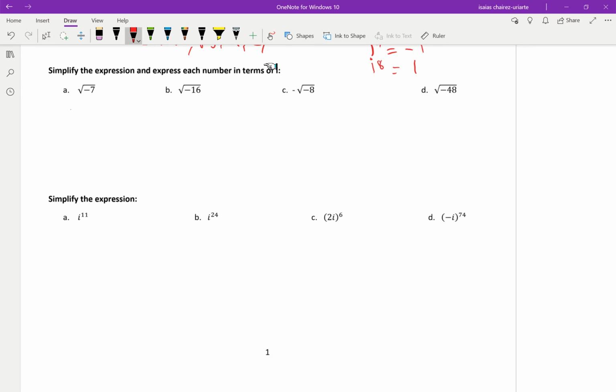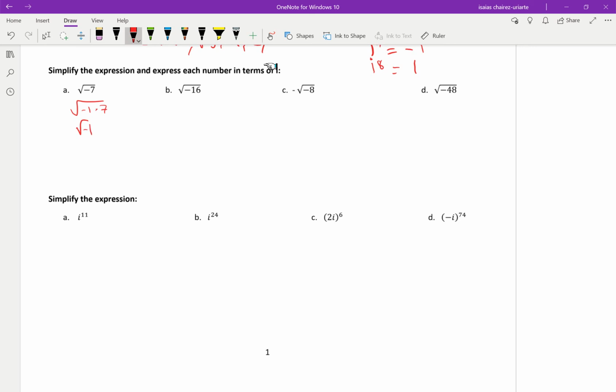What I notice is that this is the square root of -1 times the square root of 7, and so you could almost think about this as being i times the square root of 7. Or rather, what I'm about to write down here is not quite right, but maybe it helps you see what's going on.